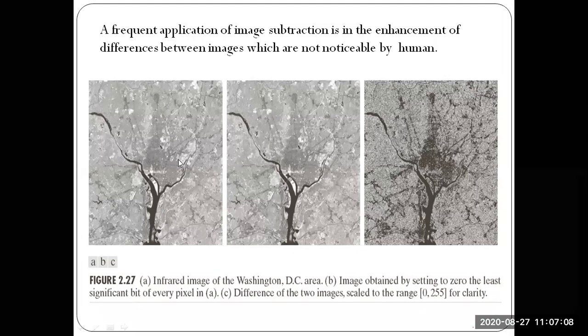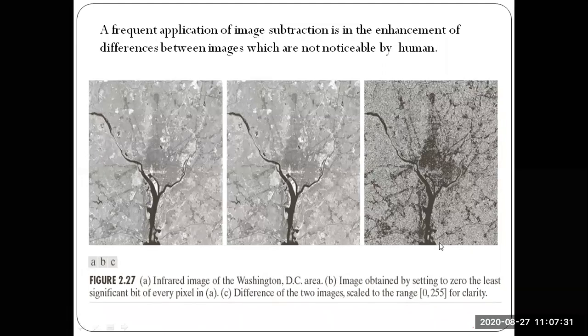Now if we subtract these two images, another image will be obtained, like this. If you observe, the third image clearly shows different particles with different scaling values, that is nothing but the 0 to 255 range.